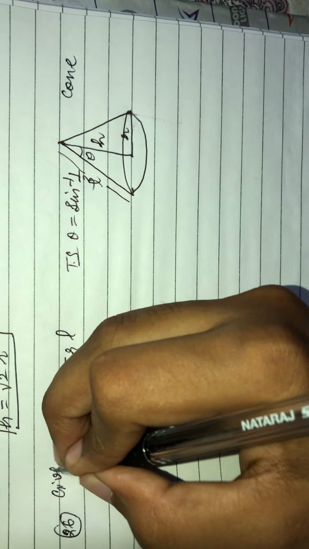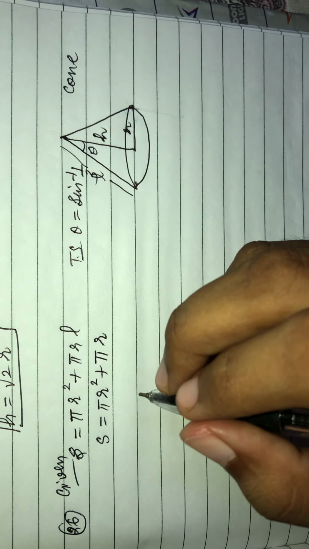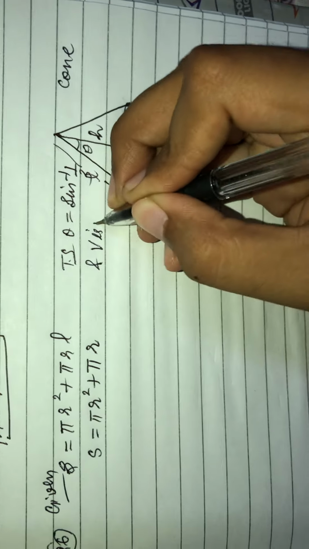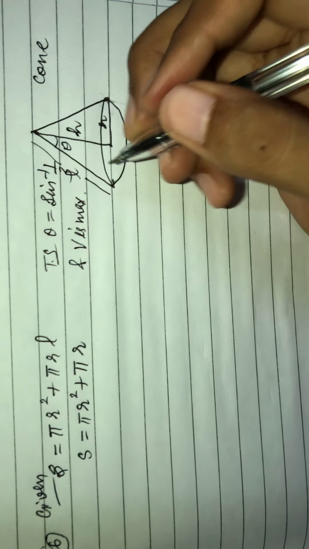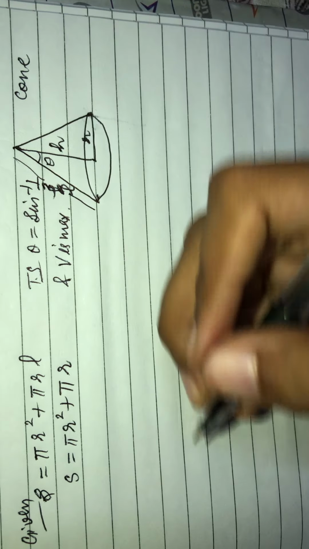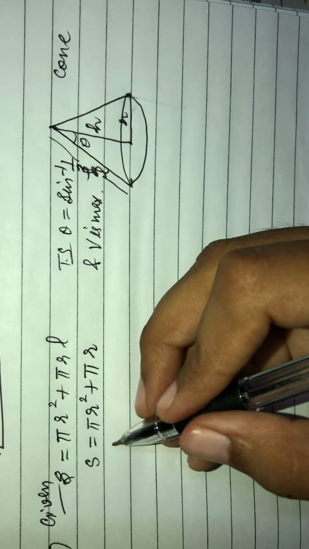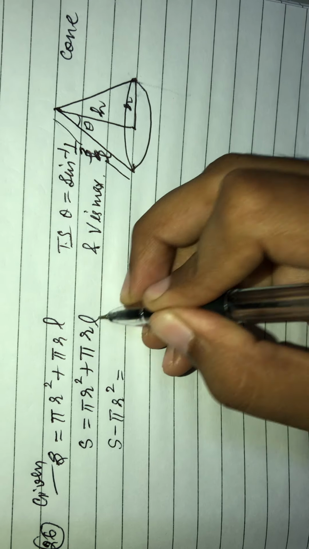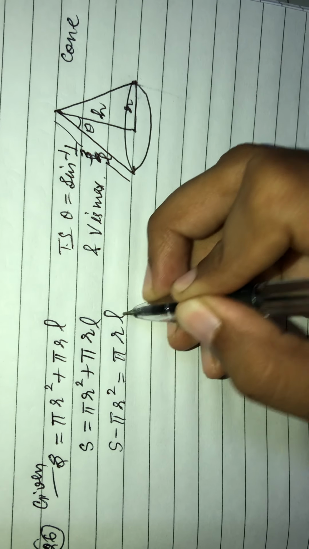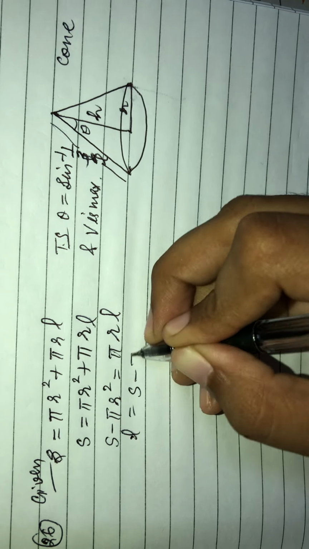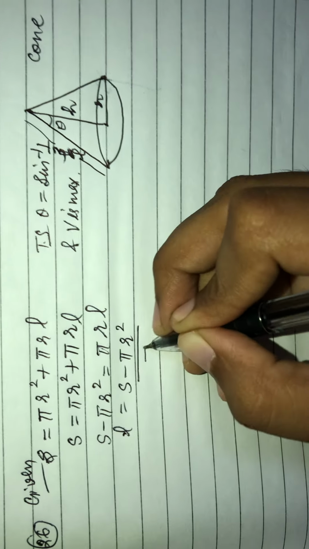This is given that surface area of the cone is given, and we need to show volume is maximum for the cone. So S minus pi r square will give you pi r l. So l will be S minus pi r square upon pi r, I am getting.